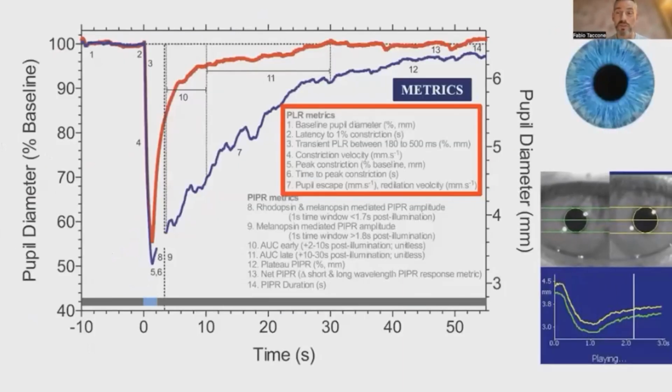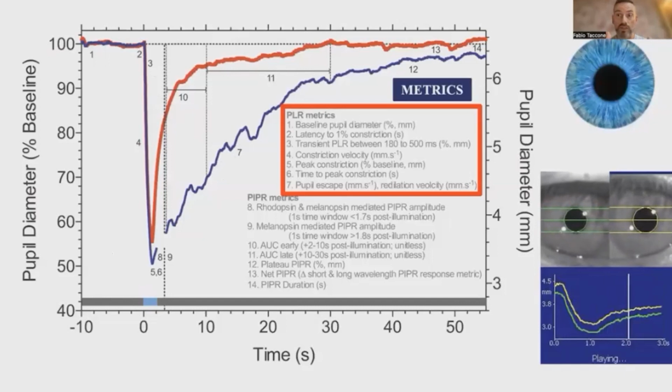And in particular, to predict outcome, the device is able, as you see here, to assess the velocity of pupillary constriction, then the pupillary dilation, and then the amount of constriction, all these metrics of the pupils.